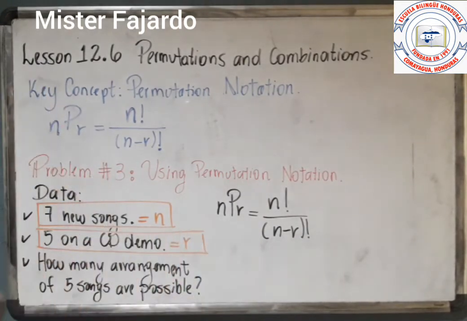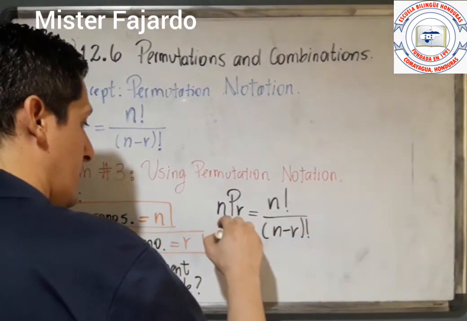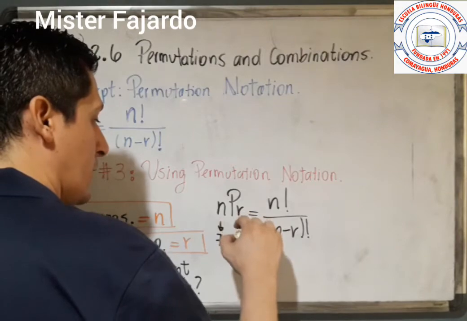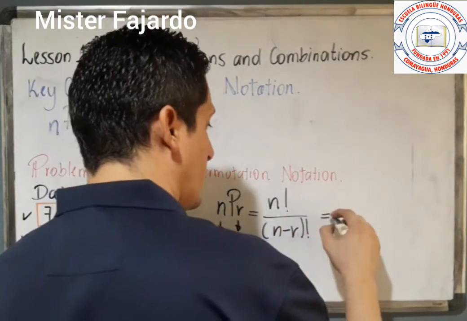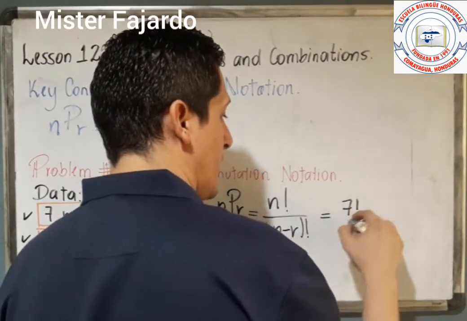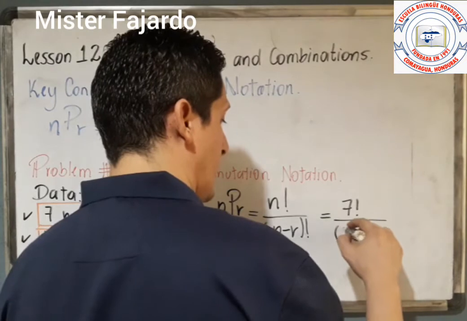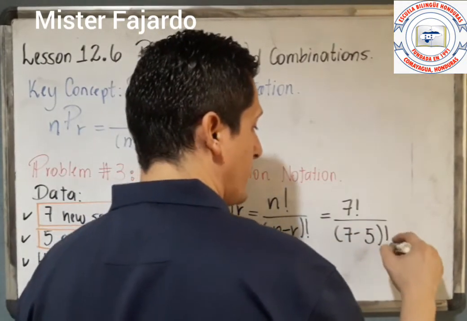With that information, it's really easy to solve, because n equals 7 and r equals 5, okay? If you substitute the values, the permutation is 7 factorial divided by 7 minus 5 factorial, because you are going to organize 5 songs.